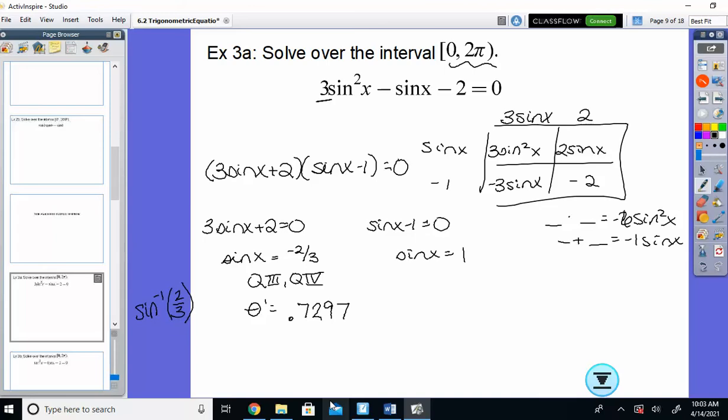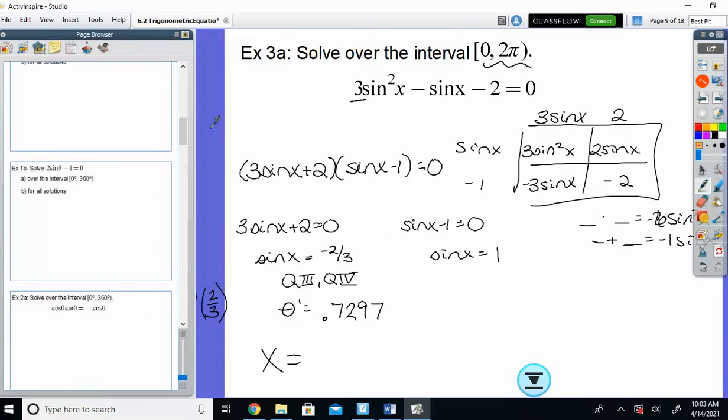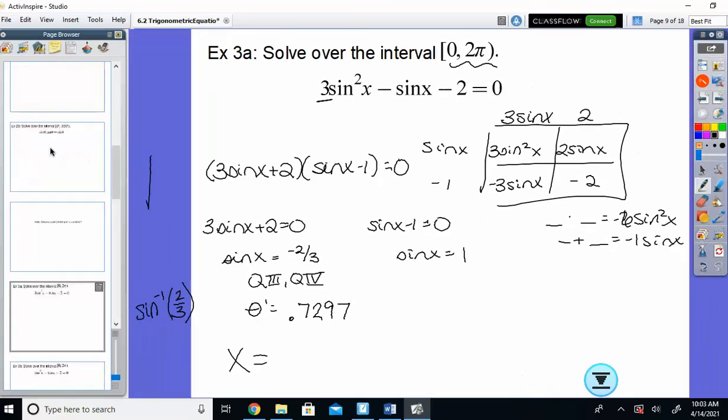All right, so now our answers. In quadrant 3, so this is our reference angle. We found this little angle right here. To get the whole thing, what would I have to do?